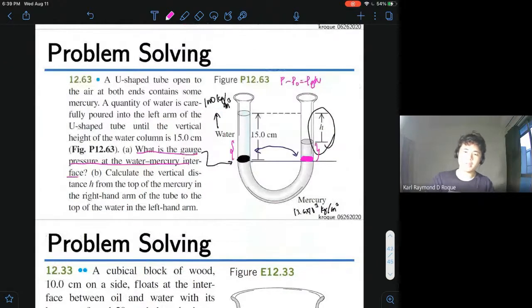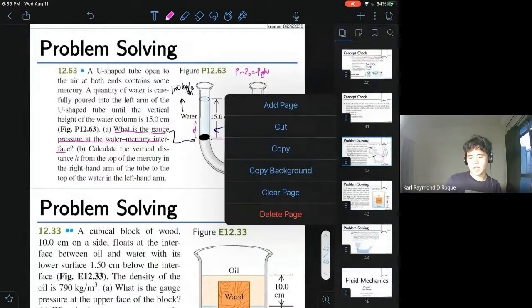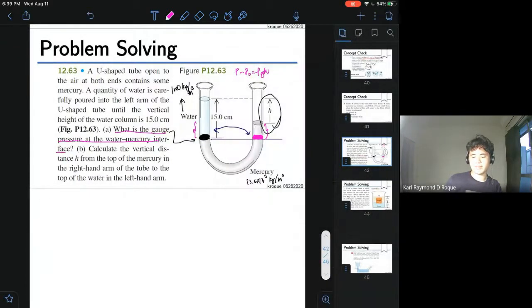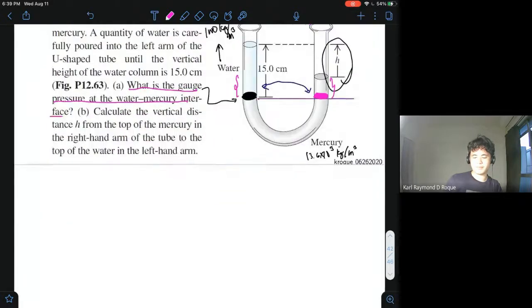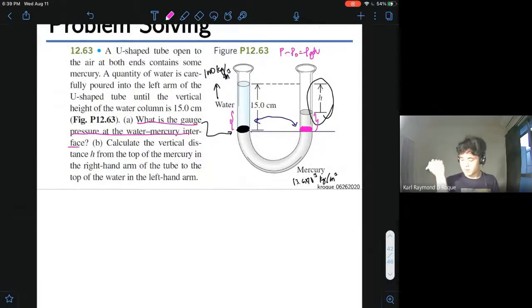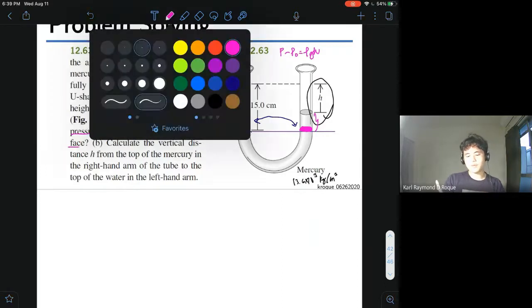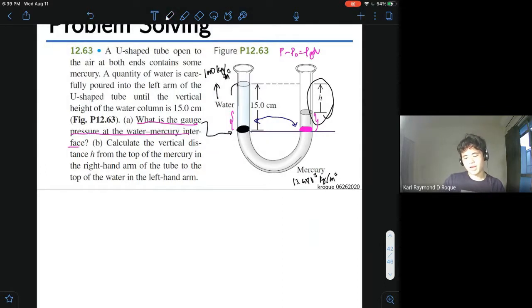Okay, game. Ganyan to guys. This is a classic question. Yung letter A, ano yung madaling compute? Siyempre ito, given na agad, oh. Diba? P minus P naught, gauge pressure, rho fluid, GH.